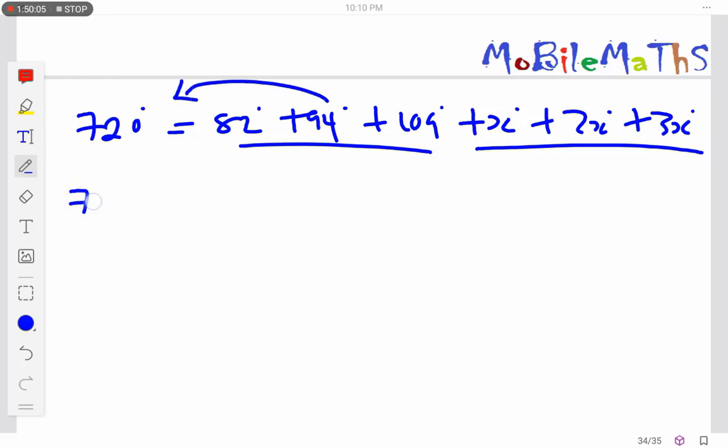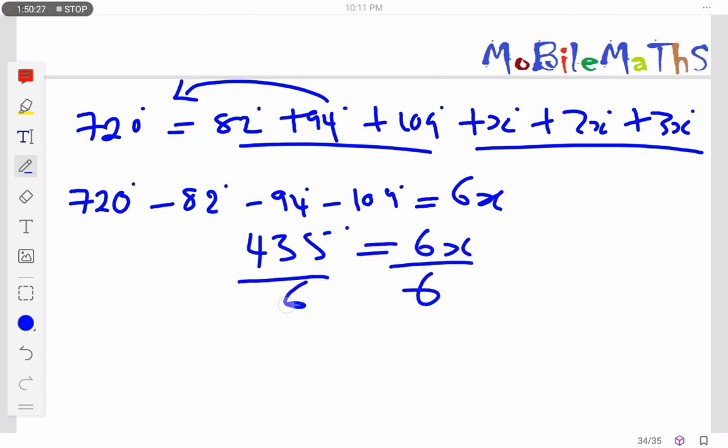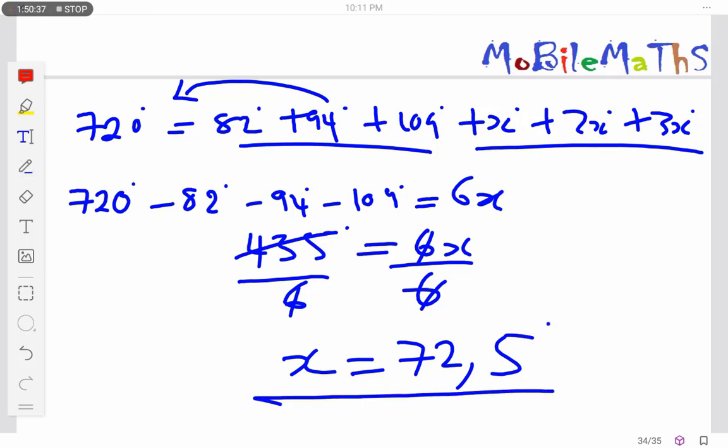So it will be 720 degrees minus 82 degrees minus 94 degrees minus 109 degrees is equal to 6x. When I subtract here, I'm going to get 435 degrees is equal to 6x. Dividing by 6, these will cancel off each other. 6 into this one, x is equal to 72.5 degrees. That's the value of our x.